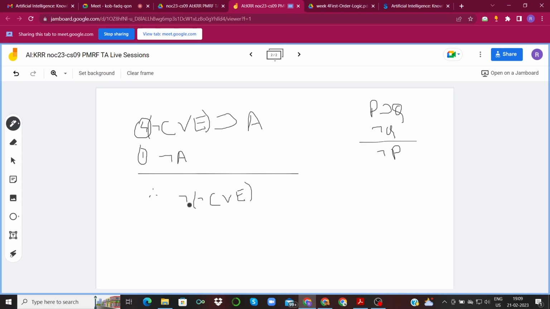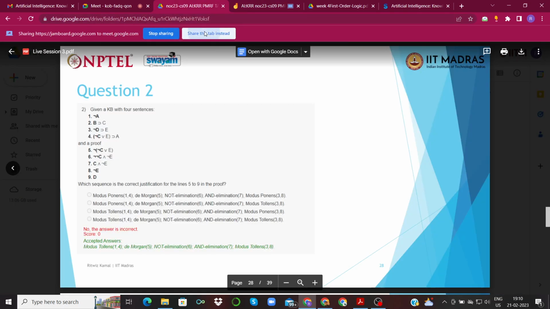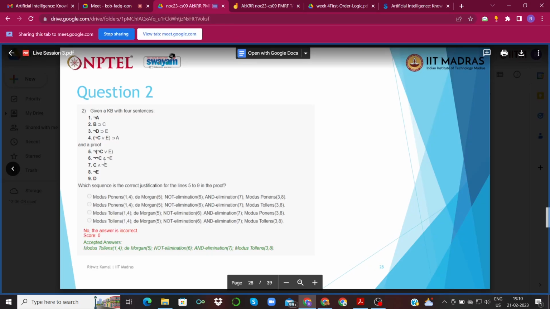They are just expanding this one, so they have not of C and not of E, right? Just expanding this, doing away with this outside negation, which is what we have as the sixth sentence over here, not of C and not of E.